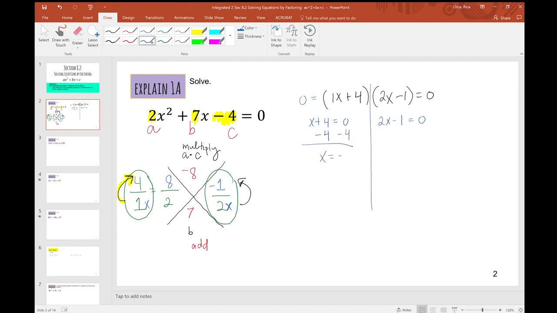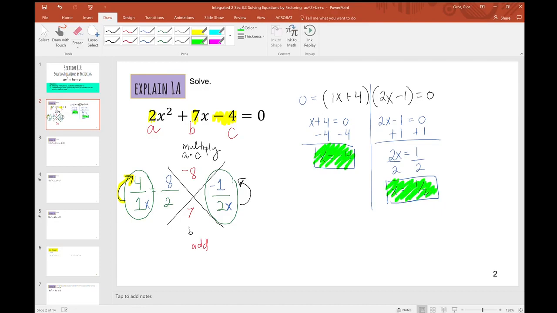That's going to give me x equals negative 4. In my second equation, I want to add 1 to both sides, which will give me 2x equals 1. Now let's divide by 2. X equals 1/2. So my solutions are x equals negative 4 and x equals 1/2.